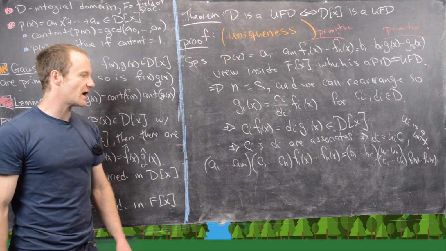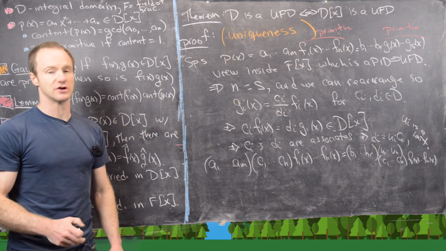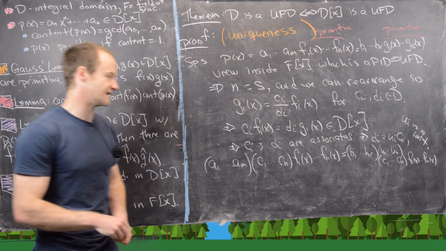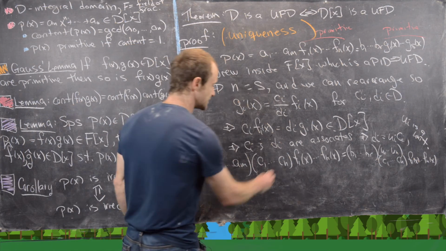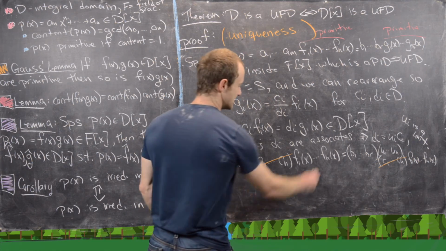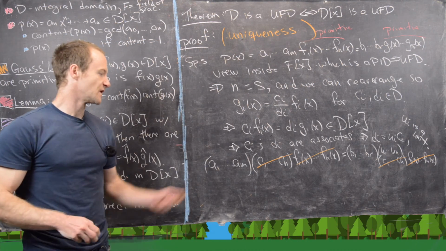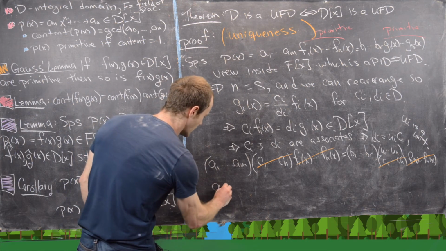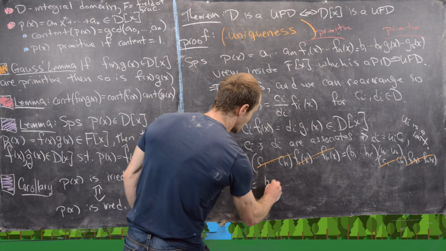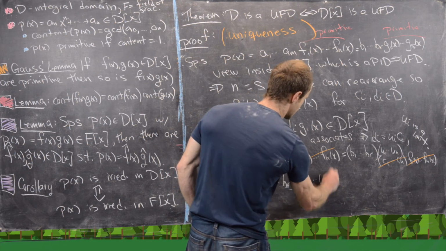So now that's a big equation, but the lucky thing is that this is all happening within an integral domain. Recall that polynomial rings over an integral domain are also integral domains, which gives us cancellation. So this c_1 through c_n cancels this c_1 through c_n, and this f_1 through f_n cancels this f_1 of x through f_n of x, which tells us that we have a_1 all the way up to a_m equals b_1 all the way up to b_r times u_1 all the way up to u_n.